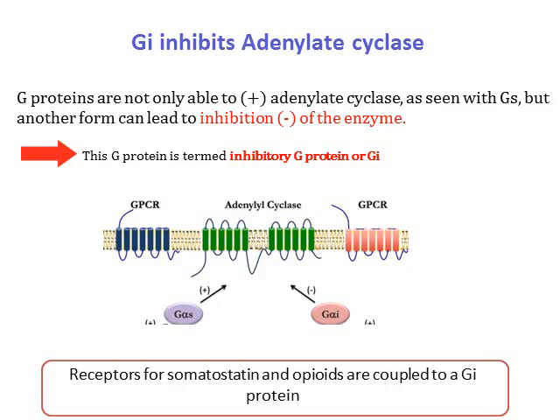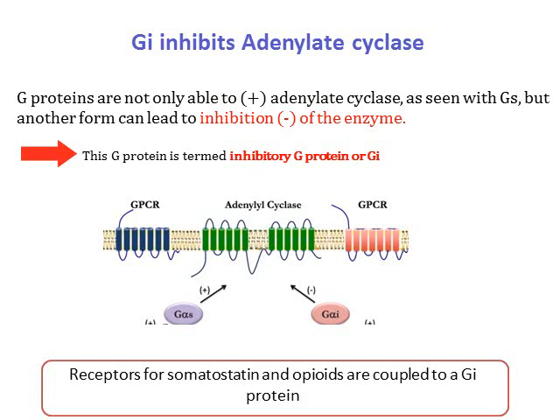G proteins are not only able to activate adenylate cyclase, like the case of glucagon or epinephrine binding to the G protein coupled receptor and activating adenylate cyclase. That G protein is a G stimulatory because it activates the adenylate cyclase. But we have also another form of G protein that can lead to an inhibition of adenylate cyclase.